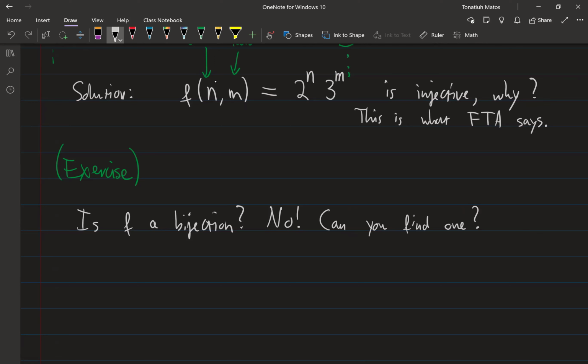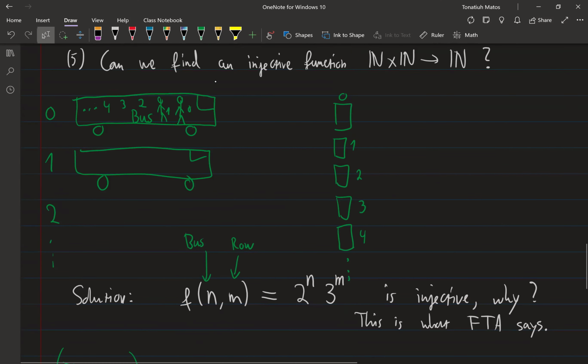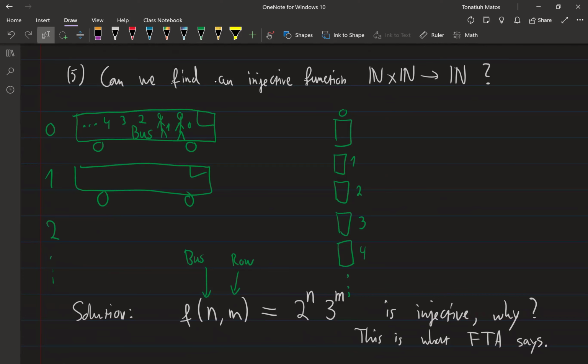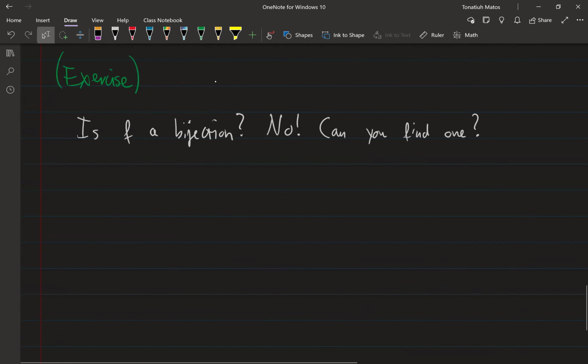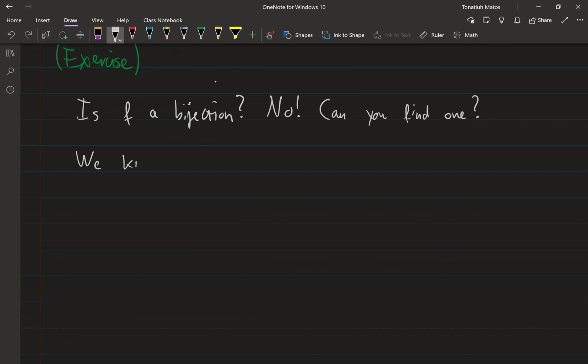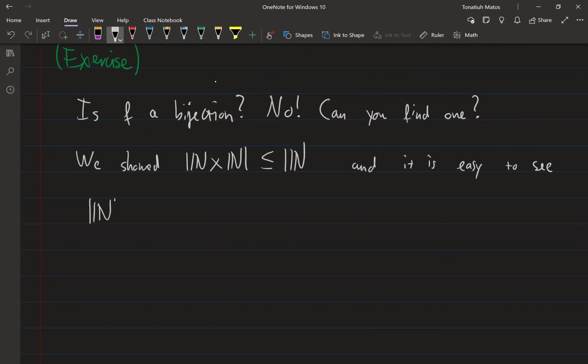Now, I haven't really argued with you why such a bijection should exist, but it is actually not difficult, right? We just proved that this is true because we found an injection. And it is easy to see that n cannot possibly be bigger than n cross n because it is kind of like a subset, right?